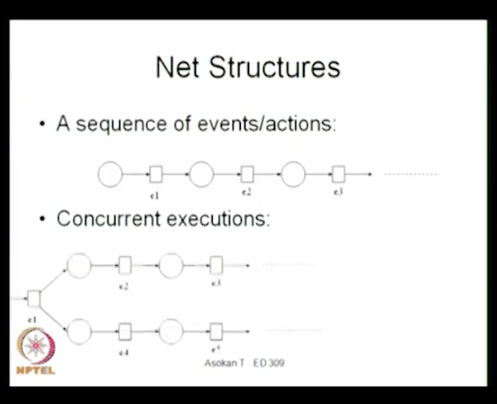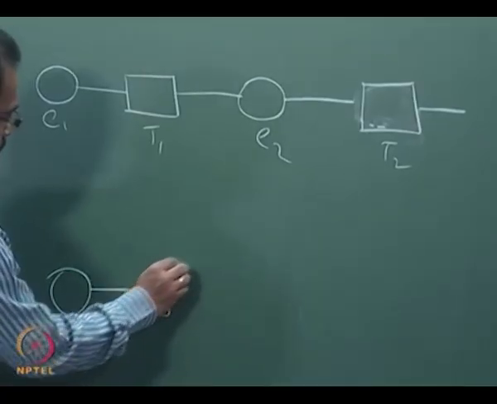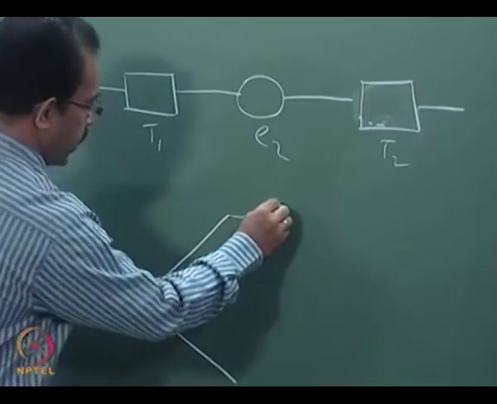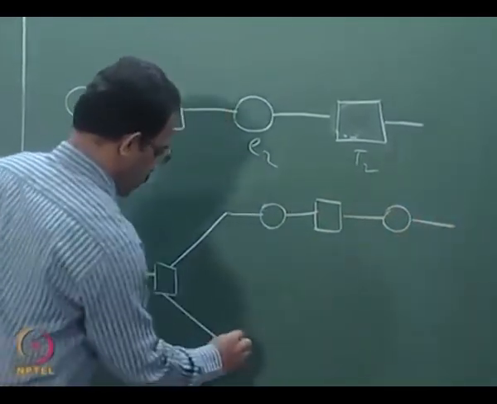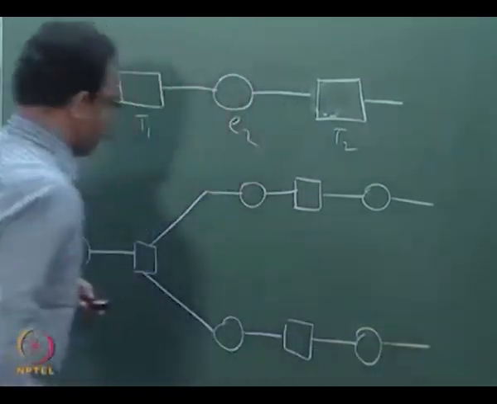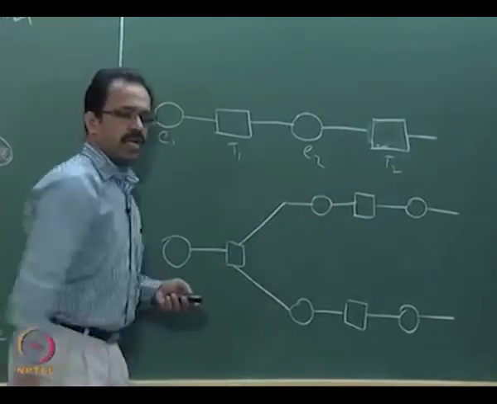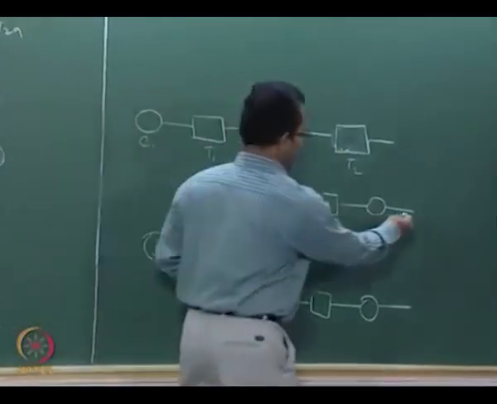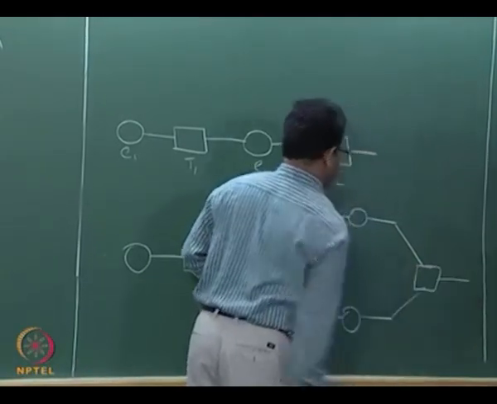And then the concurrent executions, you can see in the picture here, can also take place. We have these concurrent activities, with these kinds of transitions and events. So the places and the transitions can happen like this. This shows the concurrency of the events. You have one event and then many events going at the same time, and of course, if they come to one stage at a later stage, then you can have the same output from here.